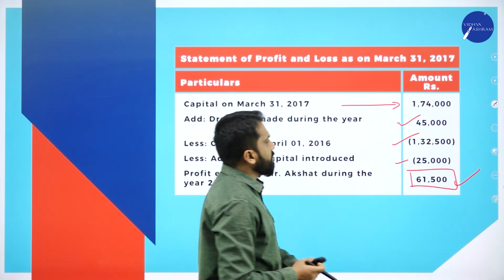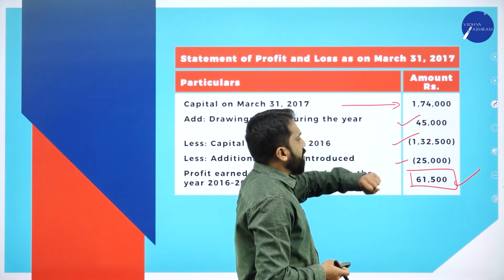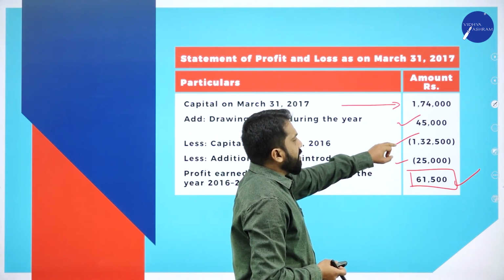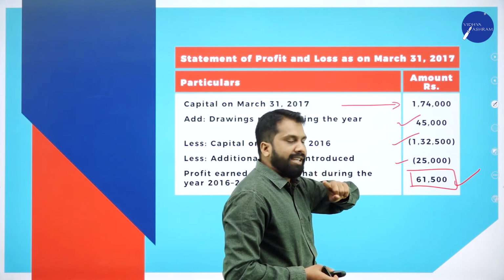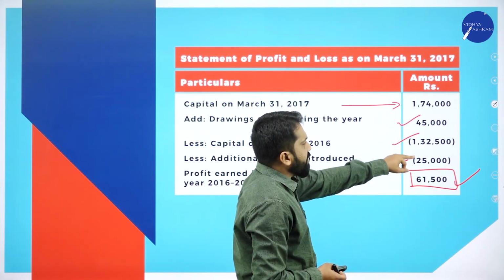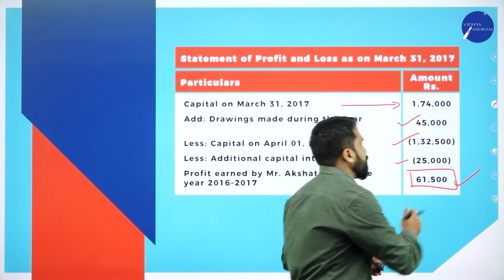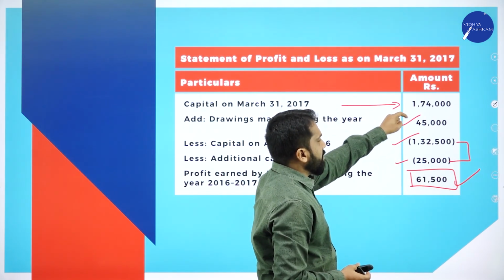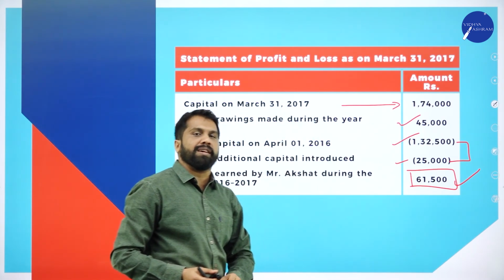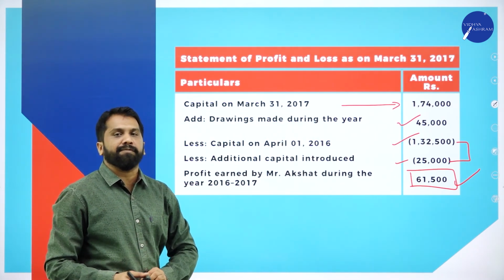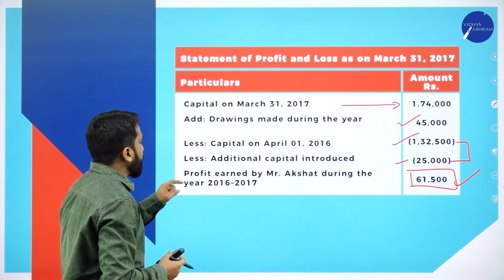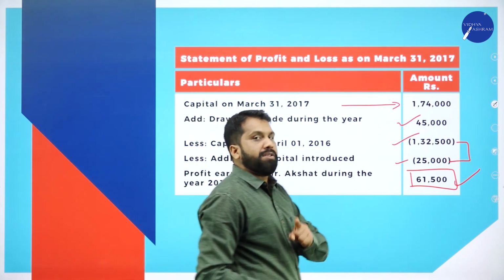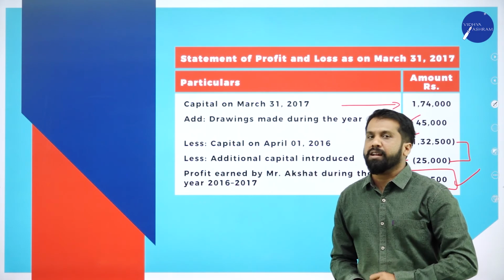Now, check this. 174 plus 45 minus 132,500 plus 25. It will be 1,57,500. These two have to be deducted from this. Your final answer you will get is 61,500. What is this 61,500? This will be your net profit.